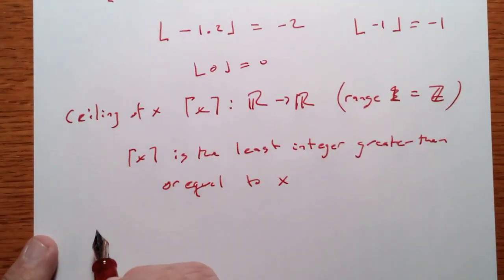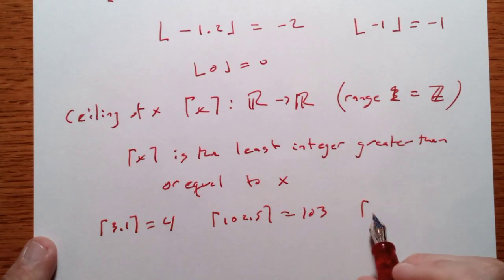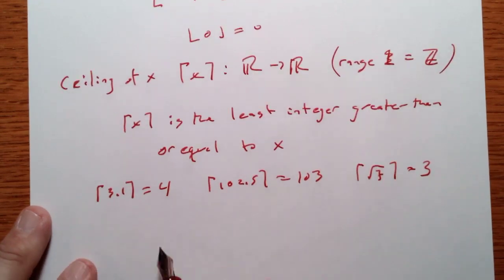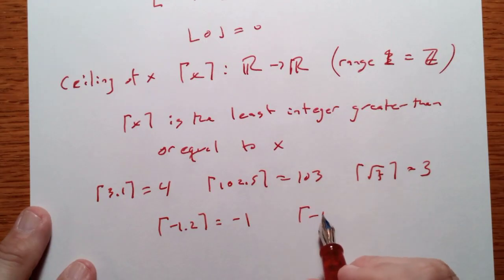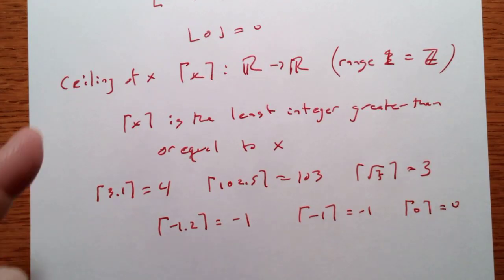So same numbers. Ceiling of 3.1 is 4. Ceiling of 102.5 is 103. Ceiling of the square root of 7 is 3. Ceiling of negative 1.2 is negative 1. Ceiling of negative 1 is also negative 1. Ceiling of 0 is 0. Just go up instead of down.